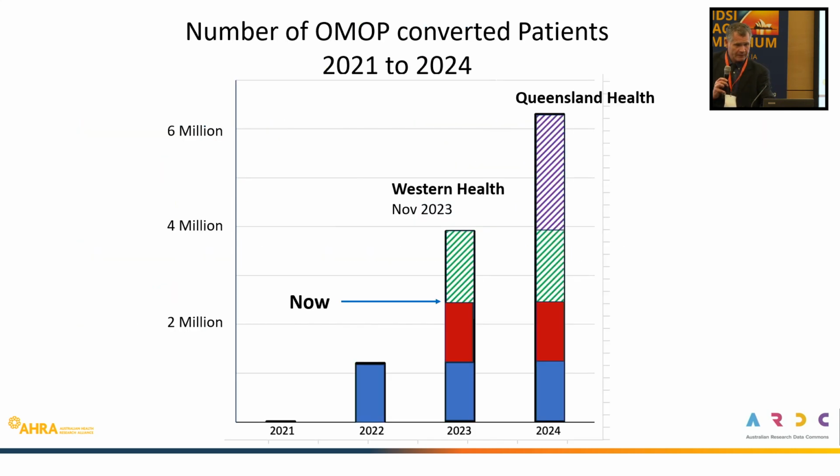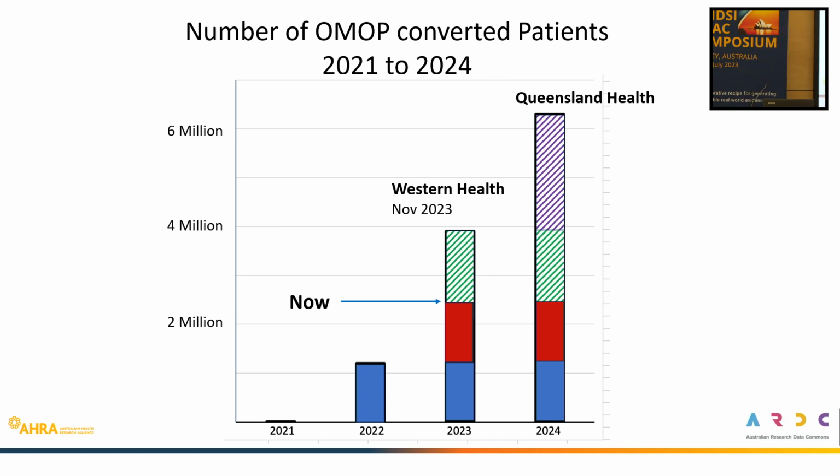So let's look at where we are now. In 2022, we had 1.2 million patients converted, and that's the data set that's in University of New South Wales. So Blanca's team at University of New South Wales converted that data set.